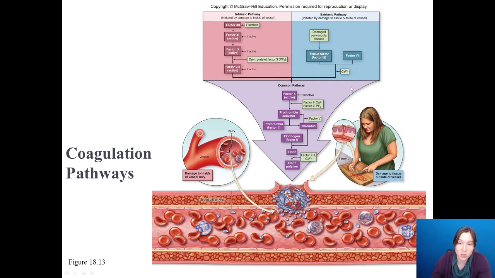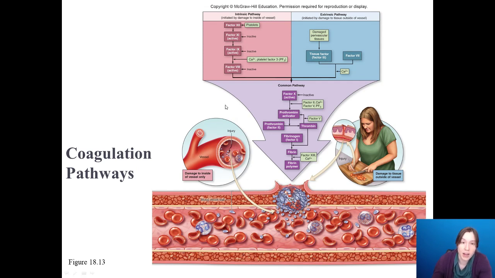So calcium comes into play here, here, here, and then also we have platelet factor 3 that comes into play here. Remember, that's why platelets are important in all of the different stages of blood clotting. And here that fibrin is going to help form that nice mesh, that nice clot.